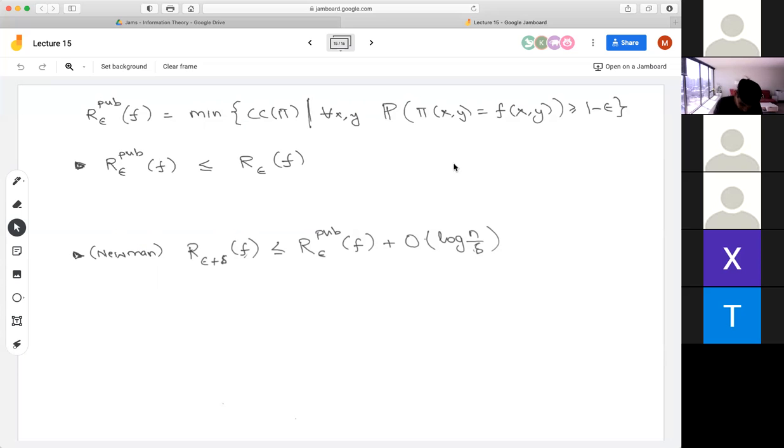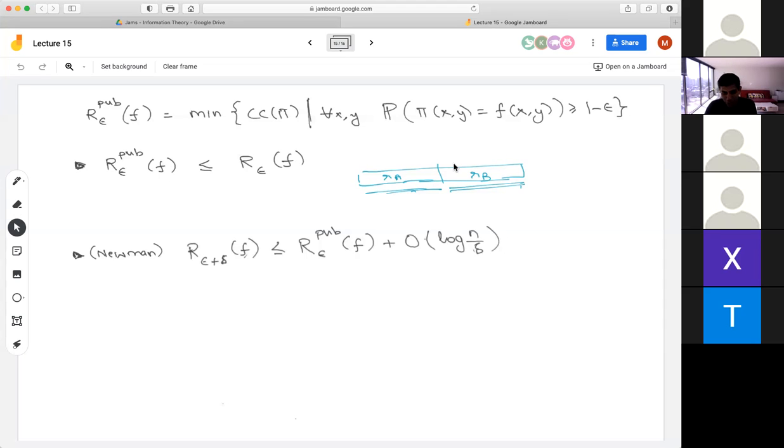And this is just because they can have shared randomness, but they can just agree that they will never read each other's parts. So they can just partition their shared randomness into two parts and proceed as if these were private to them and run whatever protocol they had.